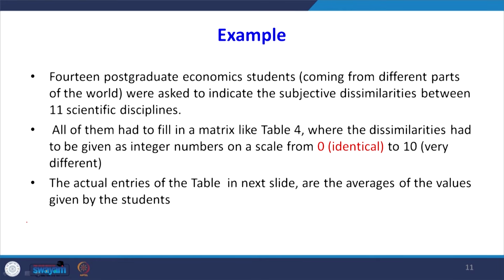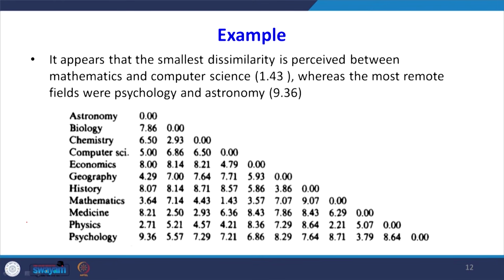All of them had to fill in a matrix like in Table 4 in the next slides, where the dissimilarities had to be given as integer numbers on a scale of 0 to 10, where 0 represents identical and 10 represents very different. The actual entries of the table in the next slides are the averages of these values given by the students. It appears that the smallest dissimilarity is perceived between mathematics and computer science. That value is 1.43.